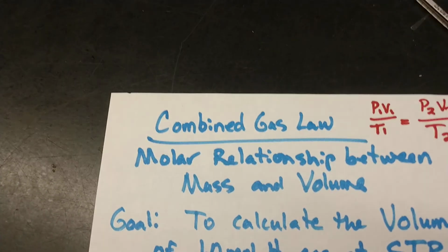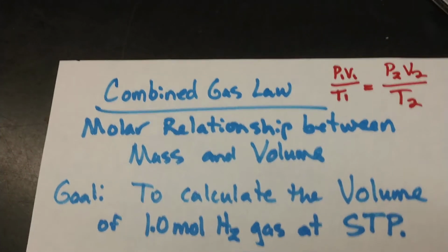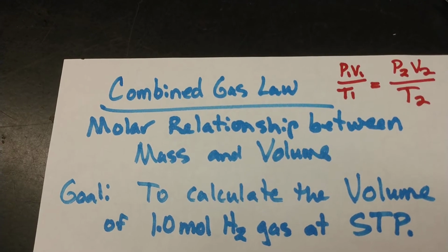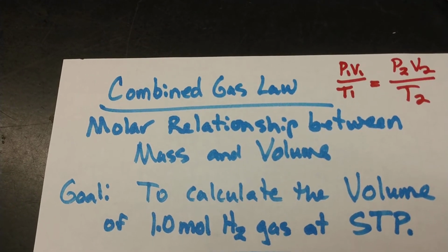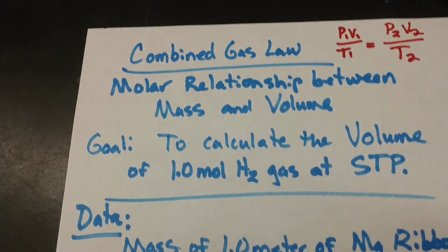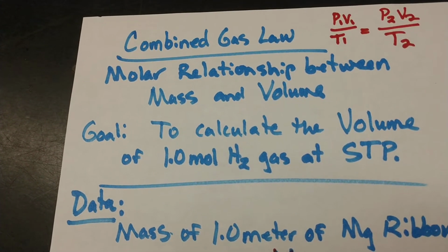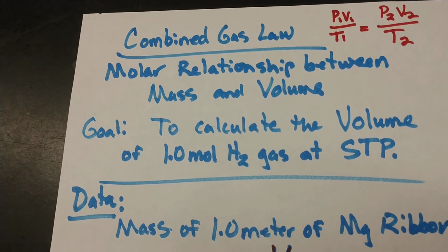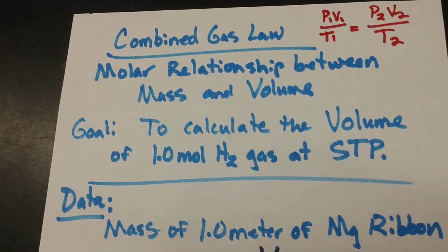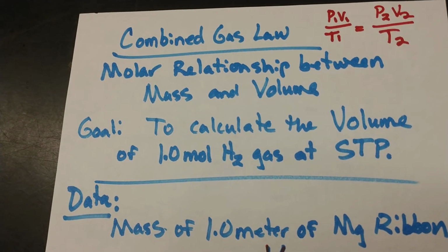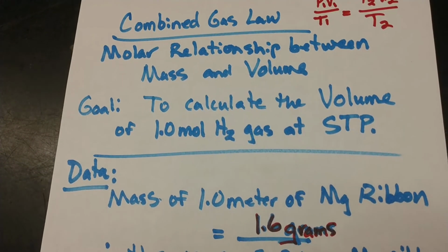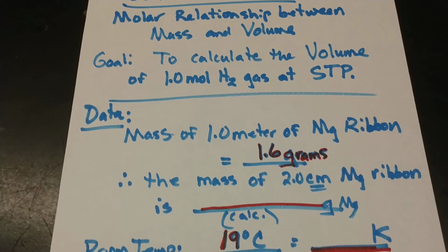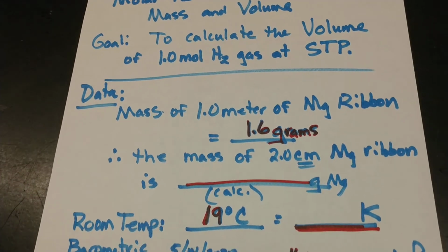What we're trying to do here is the combined gas law and figuring out the molar relationship, where P1 V1 over T1 equals P2 V2 over T2. Whenever you make a change, we're going to try to calculate from this data, if we had 1 mole of hydrogen gas, how much would its volume be at standard temperature and pressure, based on the pressure, temperature and volume values that we had with this particular experiment.